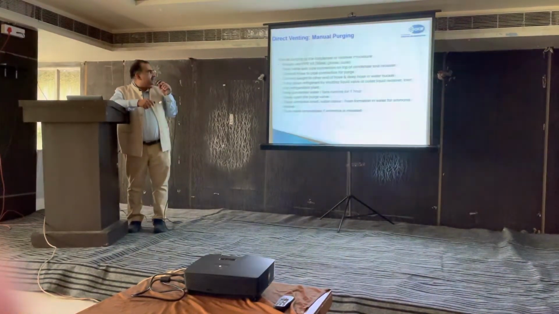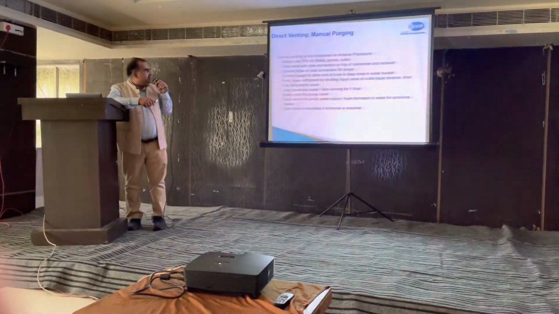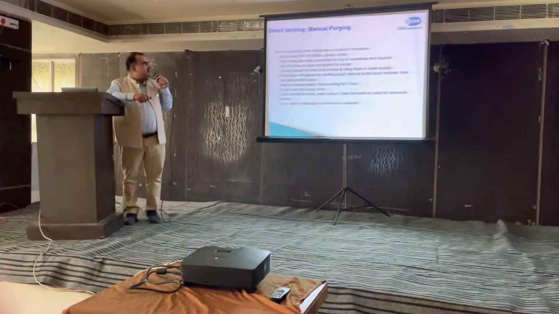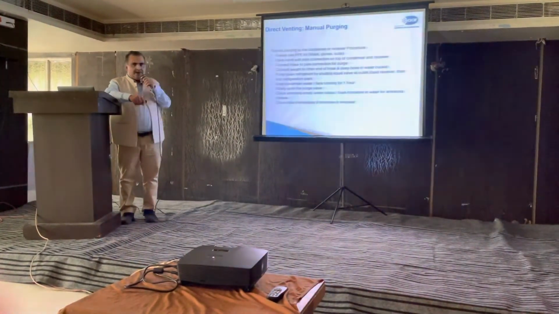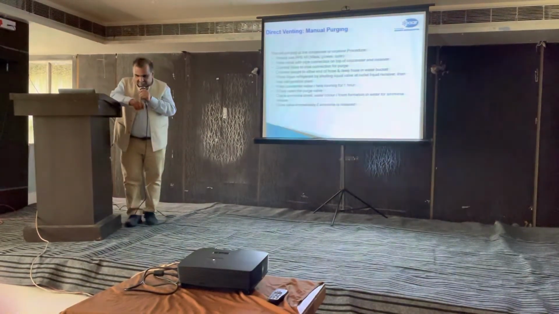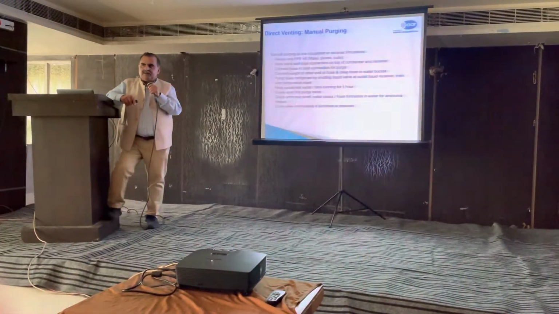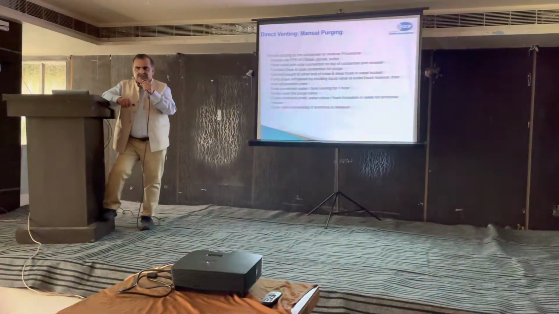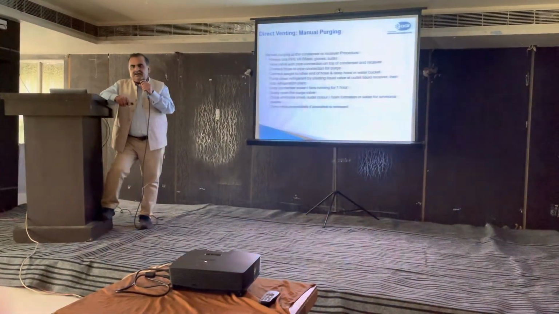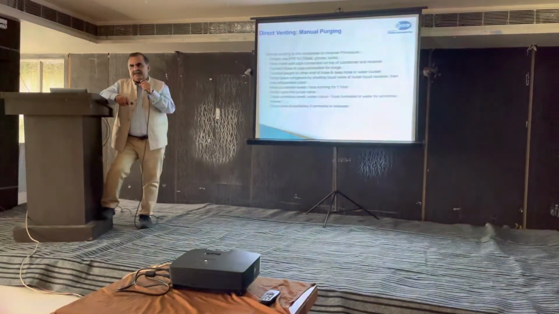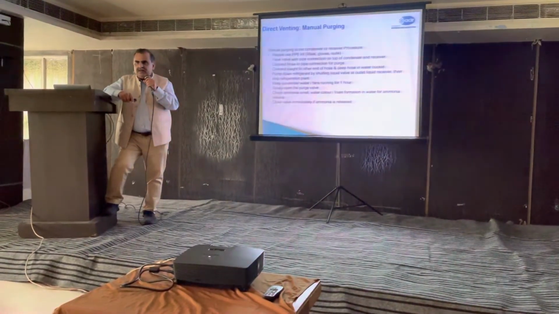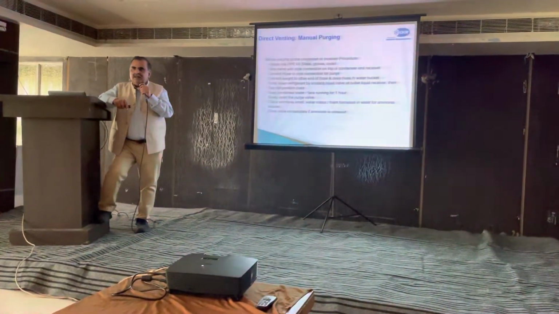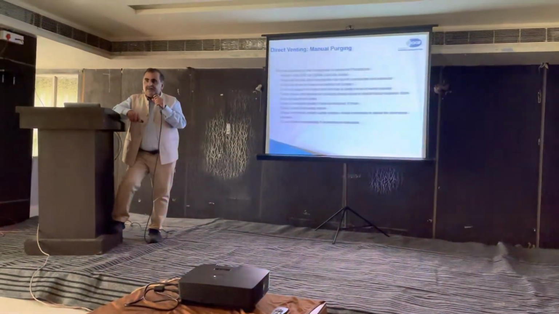Here a procedure is given. Use a PPE kit, have a hose pipe connected on top of the condenser and receiver. Now remember, when we are doing manual purging, the purge valve is normally connected at the inlet of the condenser, because when we stop the plant, the air will accumulate on the top of the condenser and then we can remove it. If you try to open the purging valve in running condition, not air but all ammonia will come out.